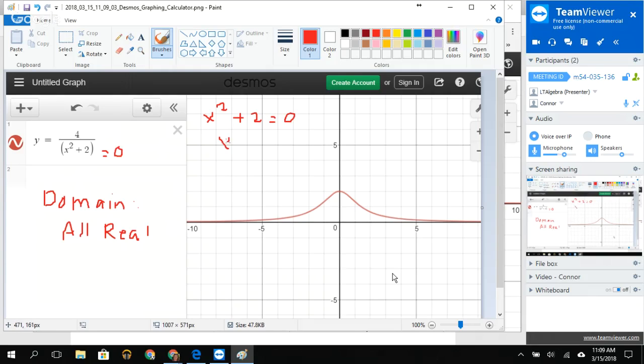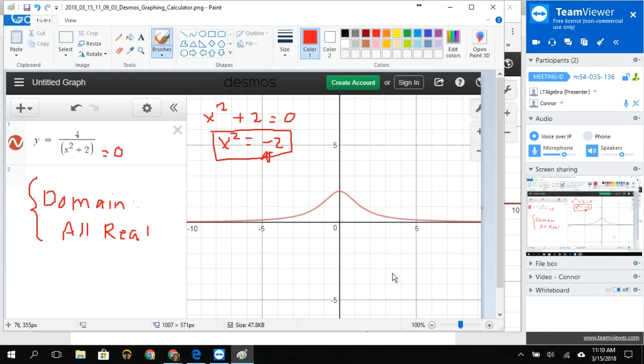That would mean that x squared has to equal -2, and we can't really do that. We can't square any number and get a negative number in the real domain. We can do that in imaginary numbers, but not in the real domain. So that means that our domain is all reals.